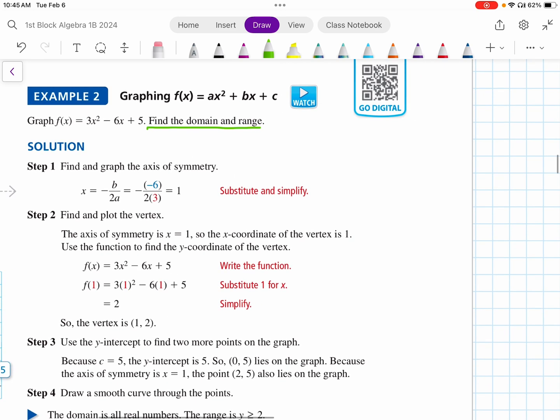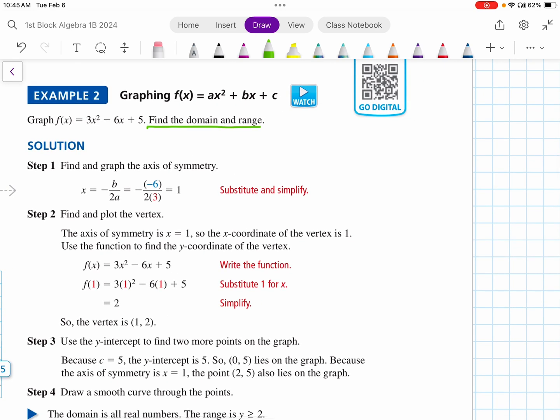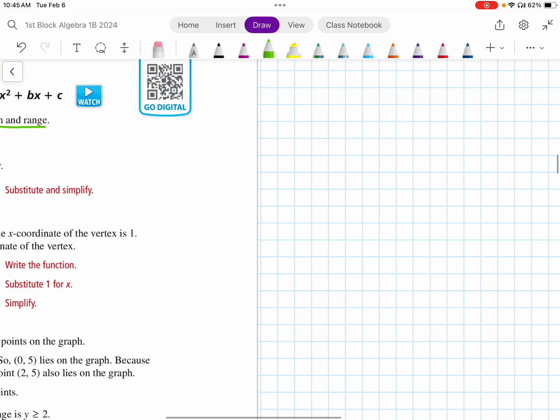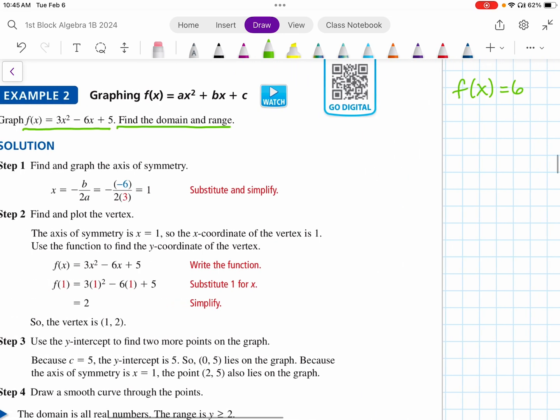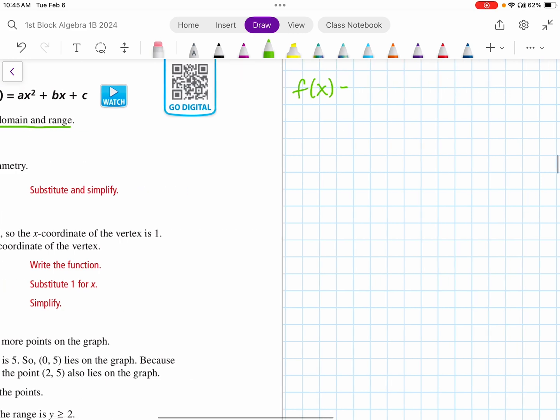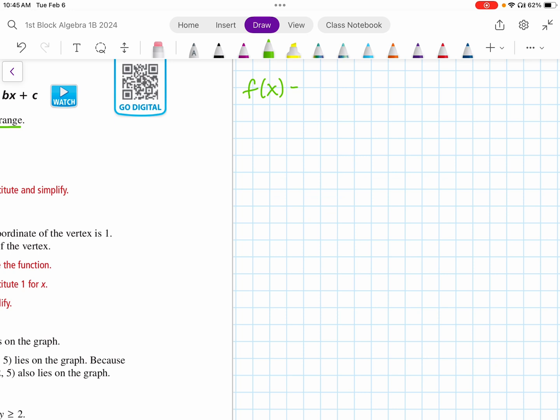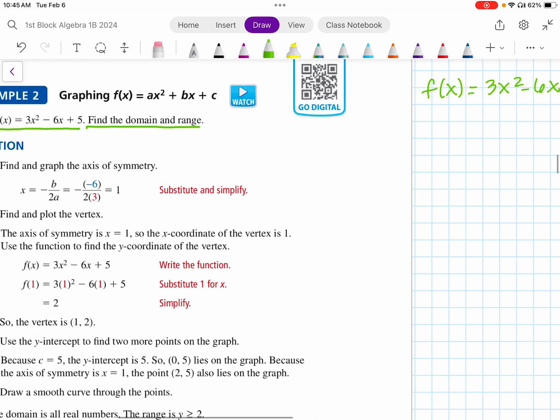So, what do we have here? f of x equals 3x squared minus 6x plus 5. f of x, or y, equals 3x squared minus 6x plus 5.